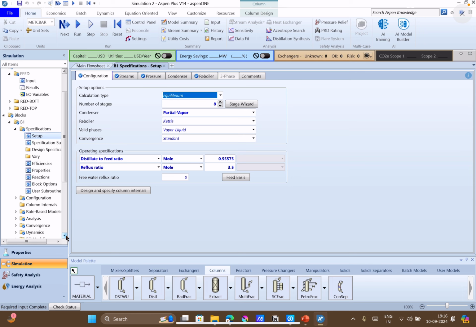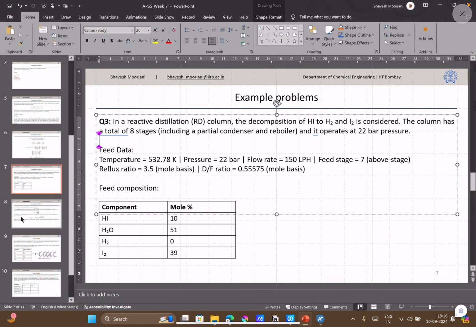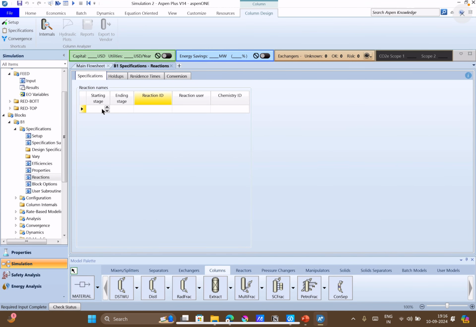But now we have added the RadFrac parameters. We also want to include the reaction part, right? For that, if I go into the reaction, we have to select the reaction which is happening between stage number 2 to 6. In the reaction part, we have been asked: starting stage for the reaction is 2, ending stage is 6, and the reaction ID we have to provide.